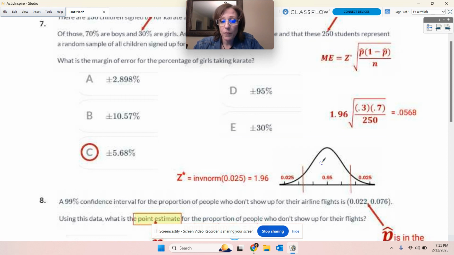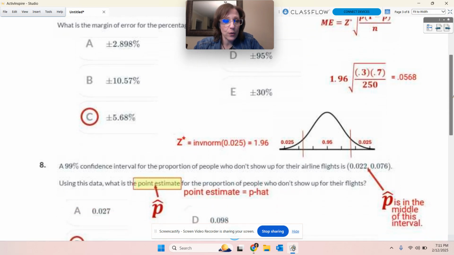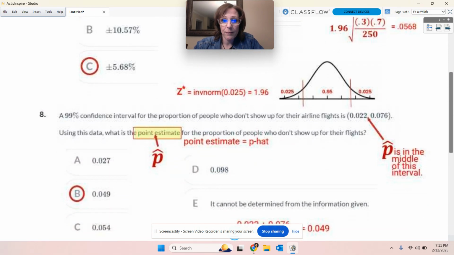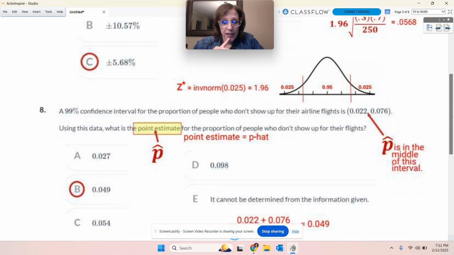Remember that when you have a confidence level, 95% is what's in the middle, and then you do the tails, and what's in the tail, you inverse norm one of the tails. So that became 1.96, and then multiplied it by that, and there you go. It was plus or minus 5.68%. The reason it's plus or minus is because you add up or subtract down.